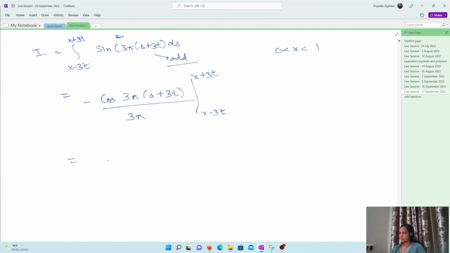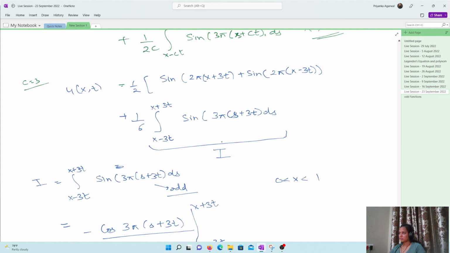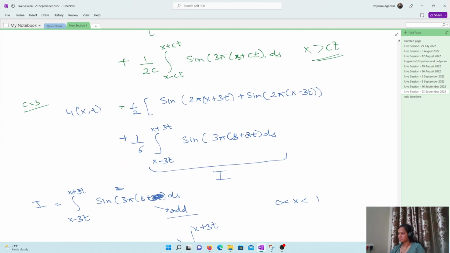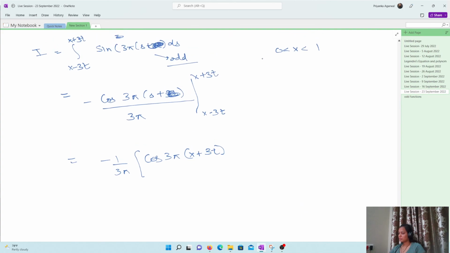So this becomes −1/3π [cos 3π(x + 3t) − cos 3π(x − 3t)]. This is our I.